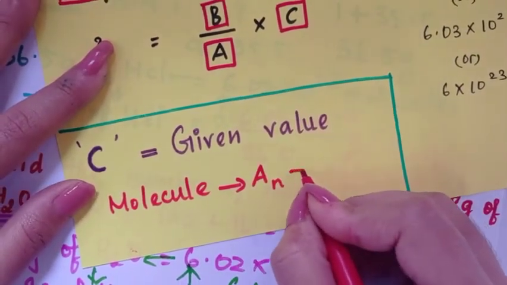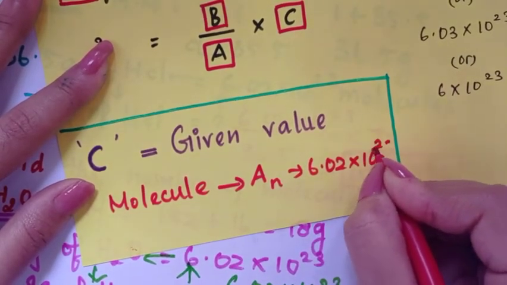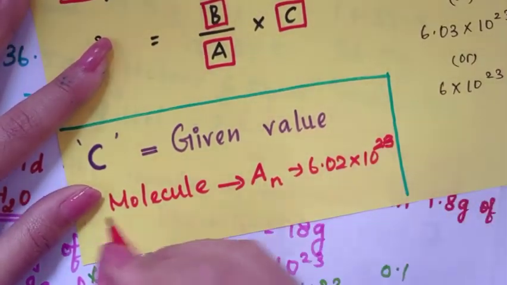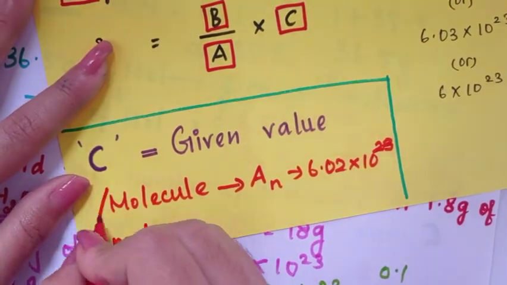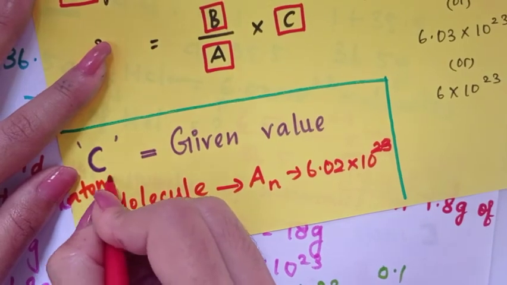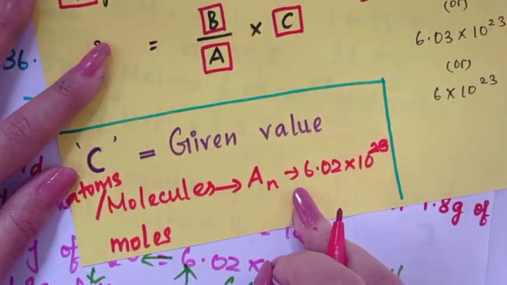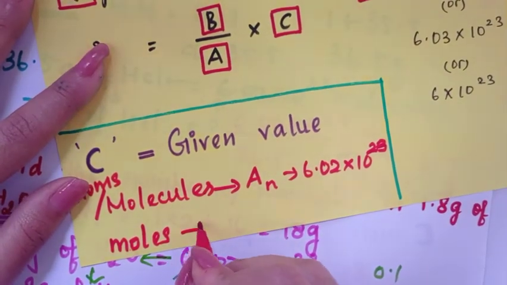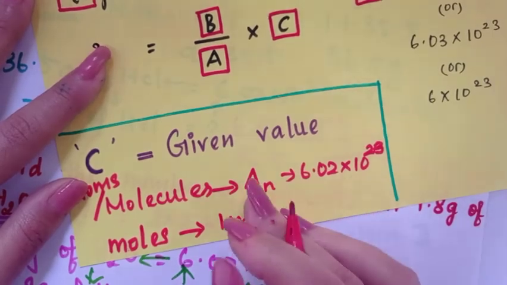Avogadro number is 6.02 into 10 power 23. For finding the number of molecules or number of atoms, you have to consider the Avogadro number. For moles, you have to consider 1 mole, the standard form.